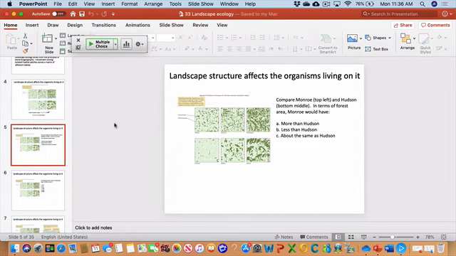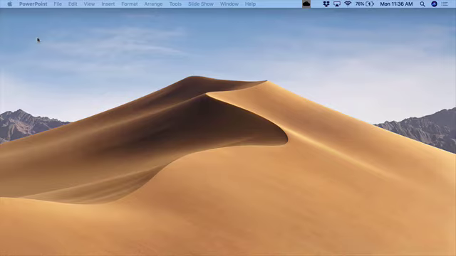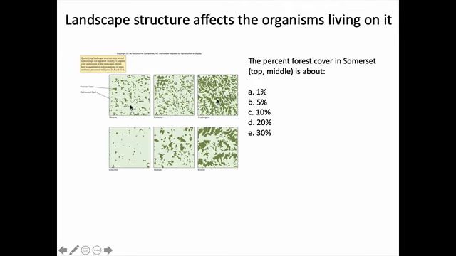This is even harder. So you first were trying to compare. Now try to tell me what the percent forest cover in this one is. Is the percent forest cover about 1, about 5, about 10, about 20, or about 30?